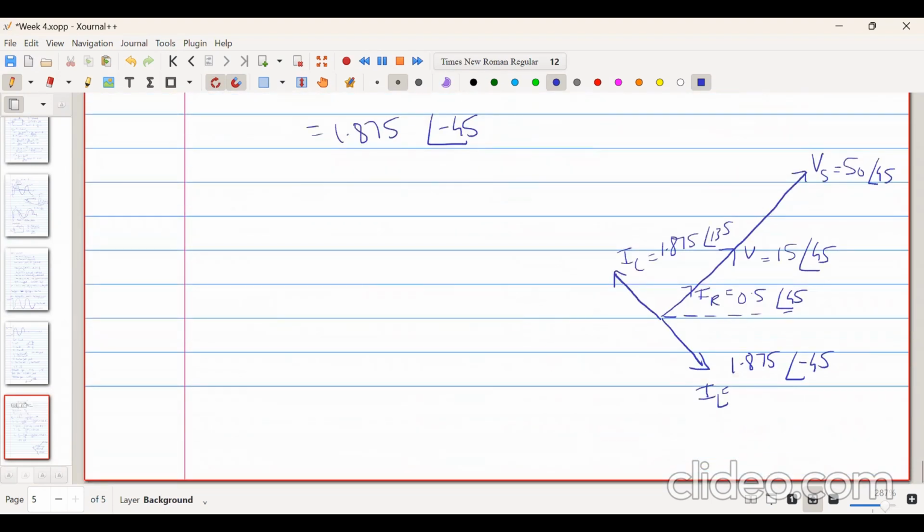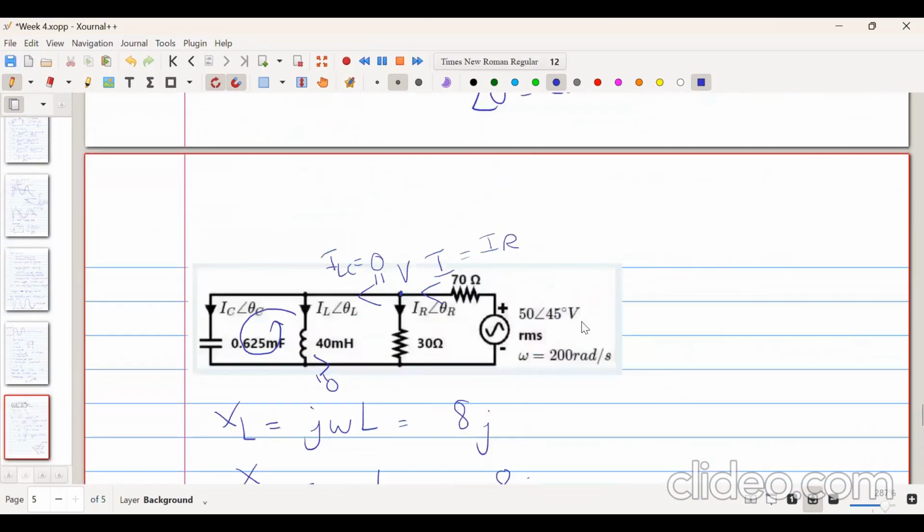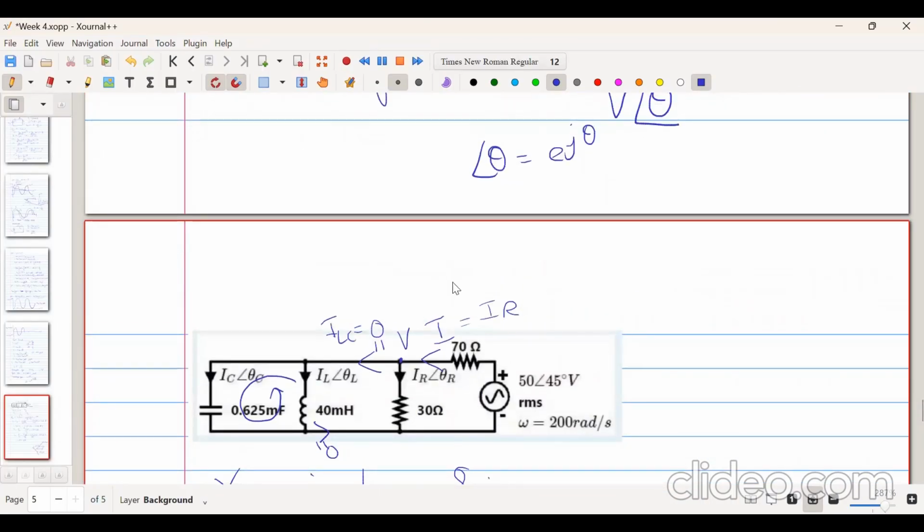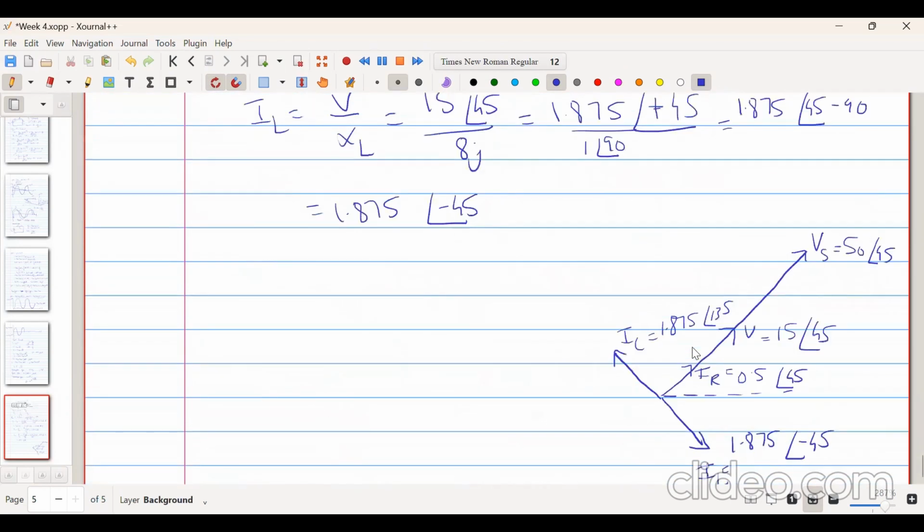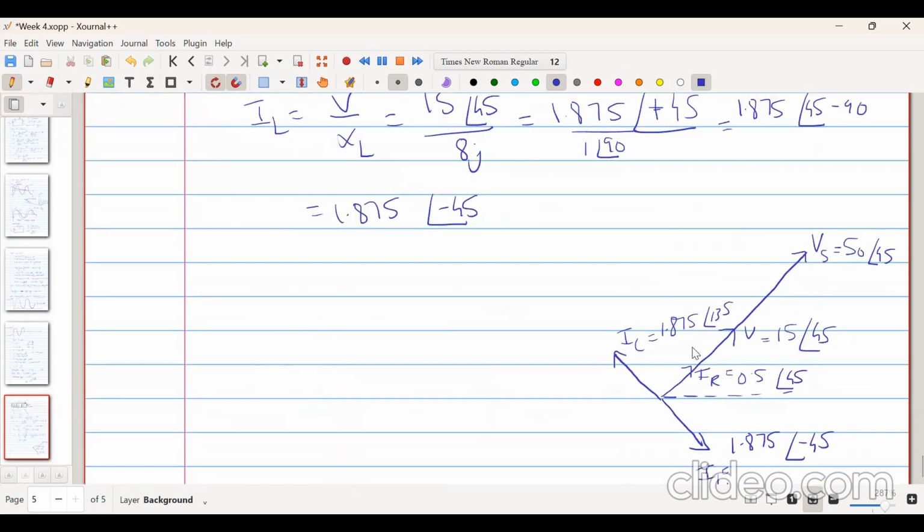Now we have to find the active power supplied by the source. This is the source, and the current IR is equal to 0.5 angle 45. We are given the voltage across the source is 50 angle 45 volt, and the current is 0.5 angle 45 ampere. What is the phase difference between these two? 0. So theta is equal to 0, which means cos theta will be 1.